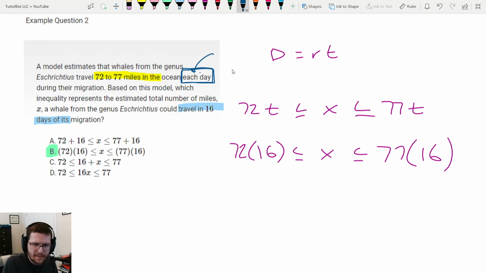Again, if you're ever having trouble seeing the intuition of a problem, come up with a little baby problem off to the side and be like, wait, if the whale went 5 miles each day for 2 days, you go, oh, that's 10 miles, multiplication, right? It kind of helps you see it if you use easier numbers. One of the best problem solving skills you can have is to think of a simpler problem.